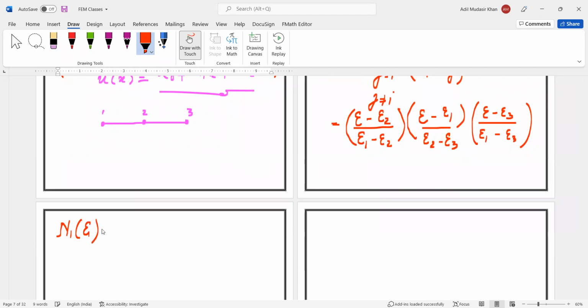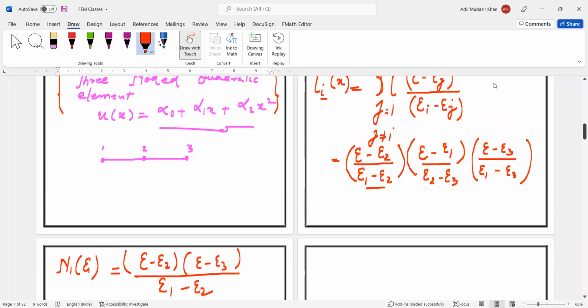Since we have three nodes, we'll be having three shape functions. So the first shape function, n1, will be (zeta minus zeta 2) into (zeta minus zeta 3), it will not be having the first term, divided by (zeta 1 minus zeta 2), okay, because it is zeta i minus zeta j.